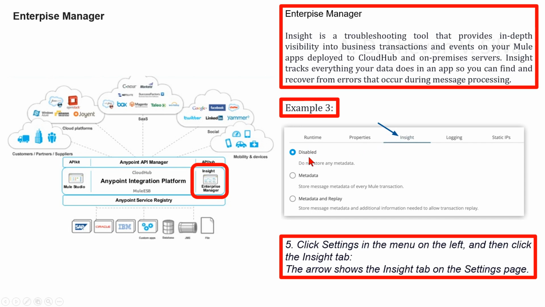Here you can see the tracking options: disabled to disable Insight, metadata to track only events, and metadata and replay to track events and enable the ability to instantly replay the transaction from the console.